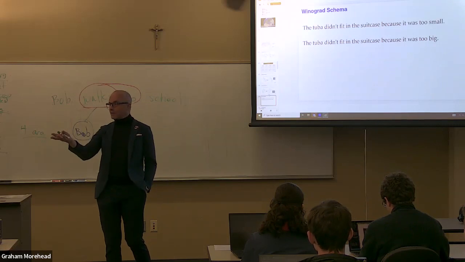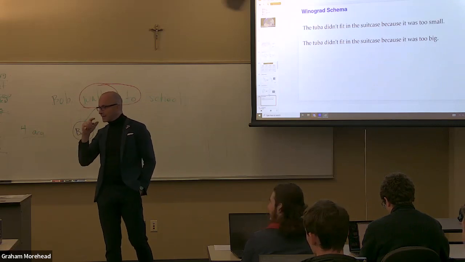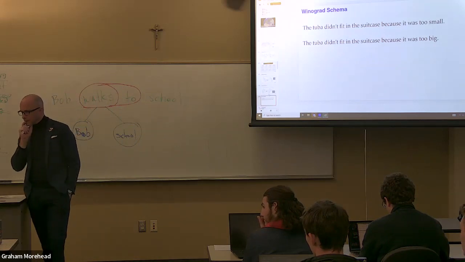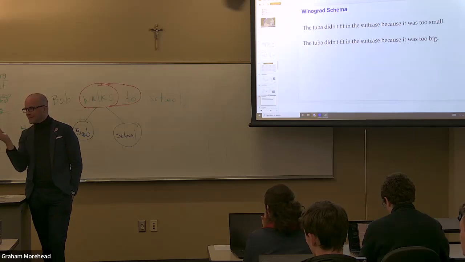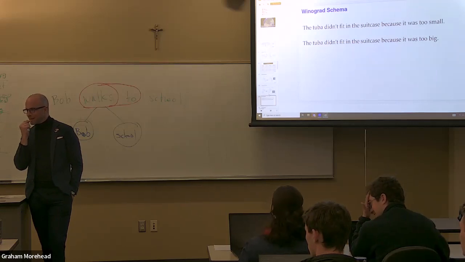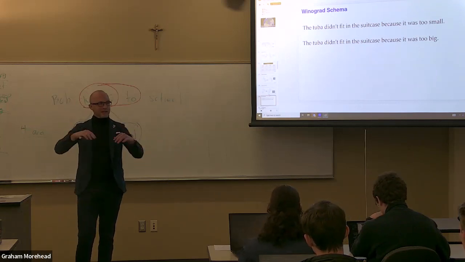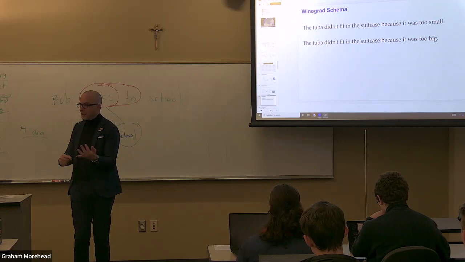The way they've solved it for the most part, go ahead. In this case, I feel like logically, if you think about the sentences, if it didn't fit because it was too small, it can't be because the tuba was too small, because then it would easily fit inside of the suitcase. So it's not too complex in these two sentences. Yeah, it seems like you could solve this by addressing the concept of size and fitting.